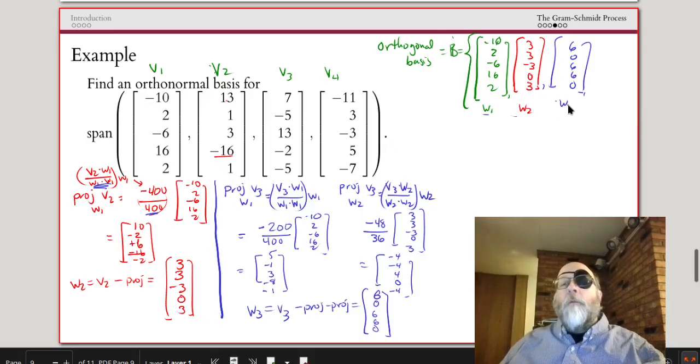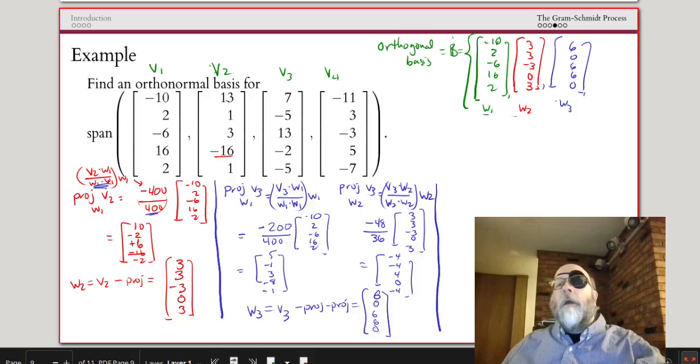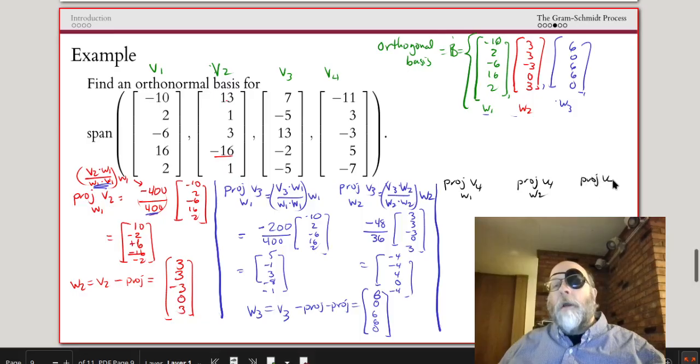We still have one more vector to calculate. All right, we're going to do the projection of V4 onto W1, W2, and W3.